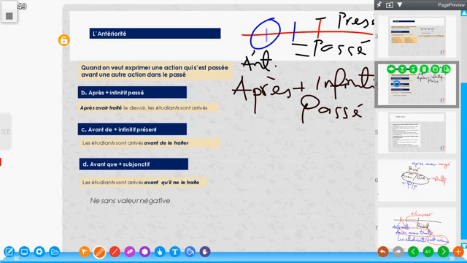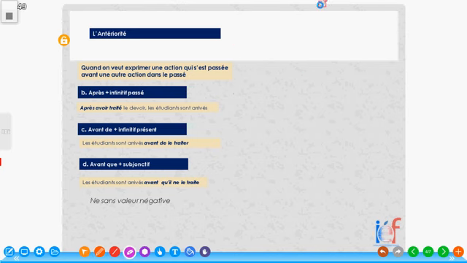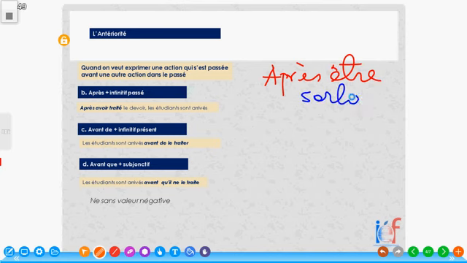Now, might I remind you as well that whatever happens for avoir can also happen for être. So when I use après avoir, I can also say après être sorti.